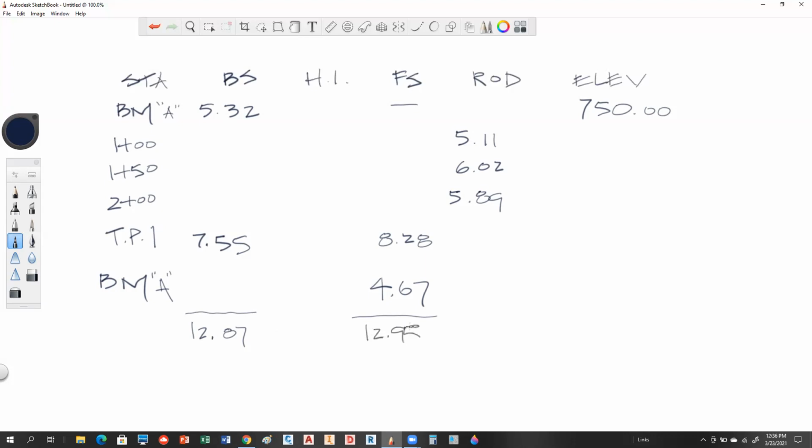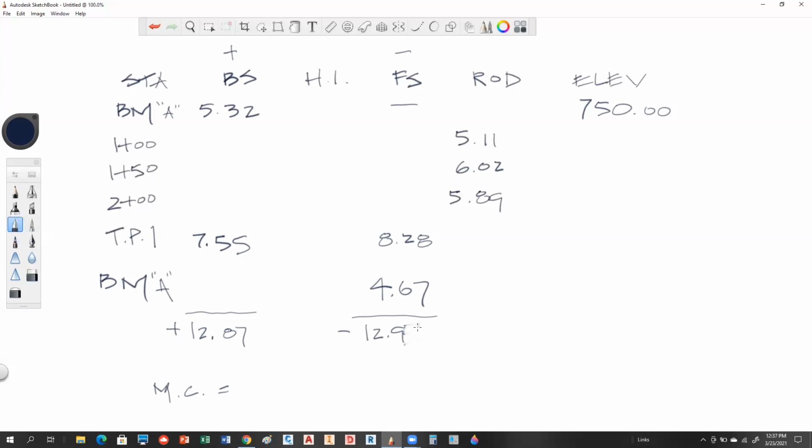Now, technically, this is a positive number, right? Because backsights are always considered plus sights, and these are considered negative. So our misclosure, if we add those together, let me make that 5 a little bit better. Kind of a really lousy looking 5.